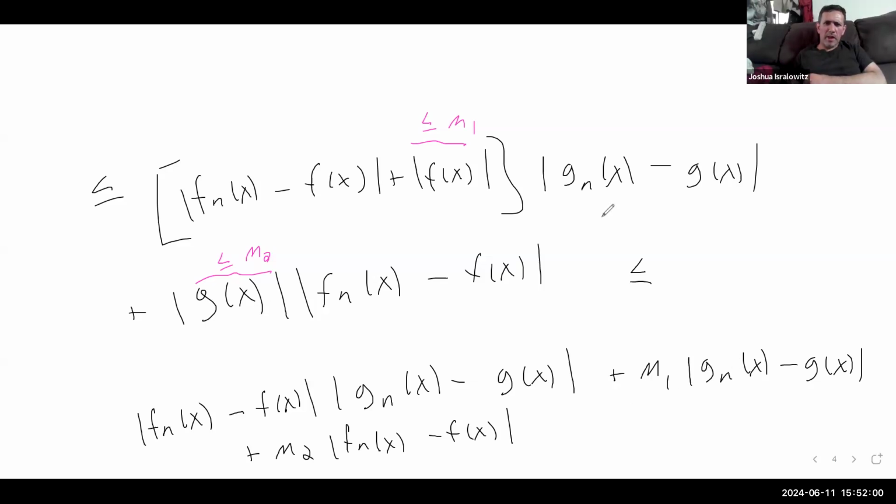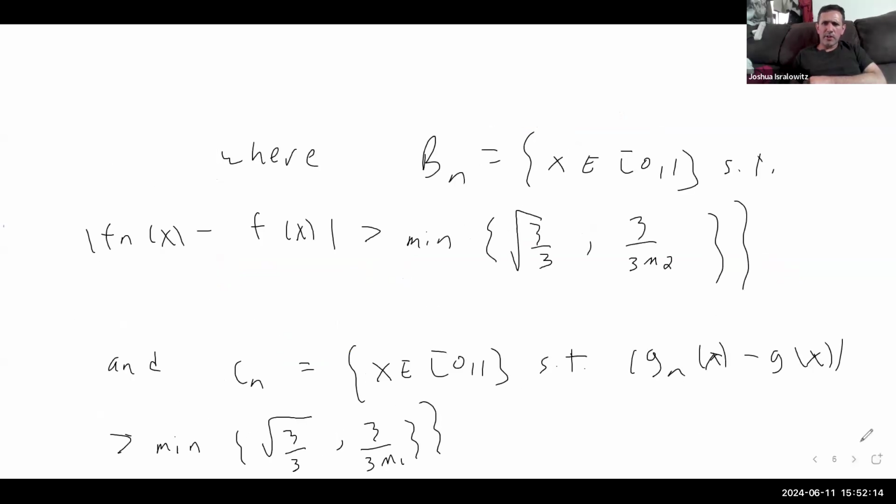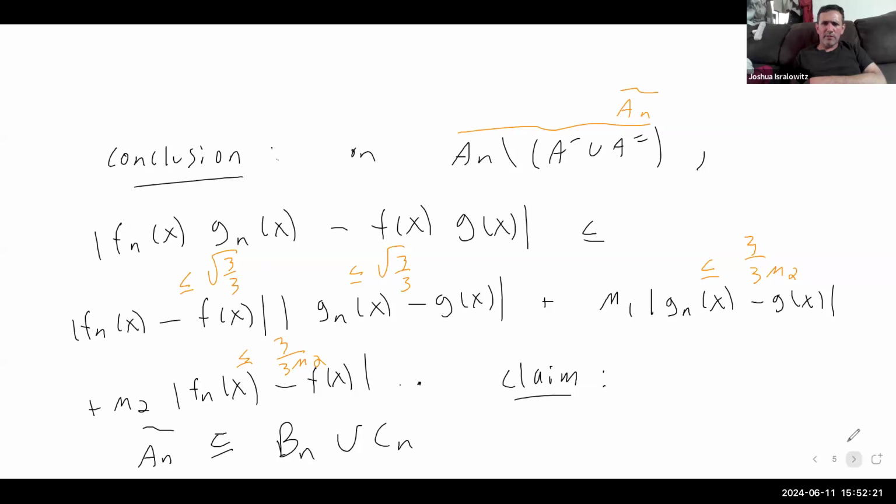Okay. And if this is bounded, then I'm basically good to go using the definition of convergence in measure for Fn to F and Gn to G. Because then I can do this kind of thing here. And I picked these precisely so that if we're not in the union, then everything adds up to less than or equal to eta, and hence we're not in An.